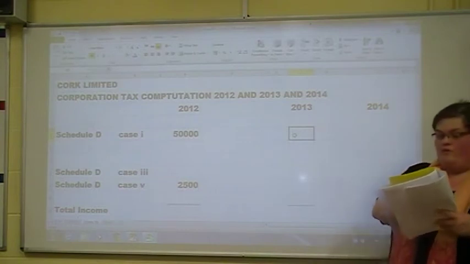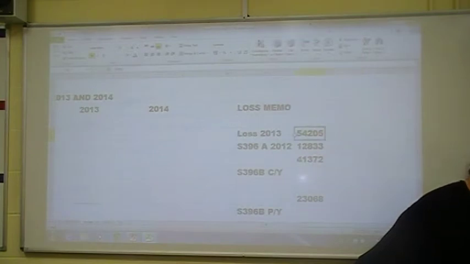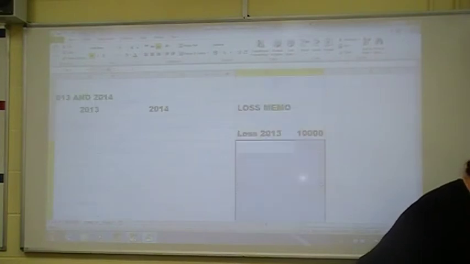In 13 then we have our 100,000 loss. So we're going to put our 100,000 loss out over into our loss memo. Okay, so over the loss memo, 100,000.